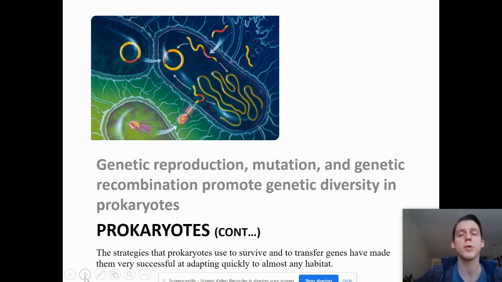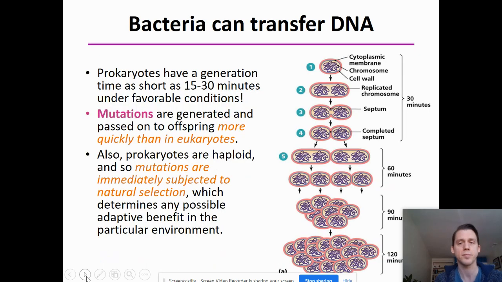So reproduction, mutation, and genetic recombination are all going to promote genetic diversity in prokaryotes, but it's different from prokaryotic reproduction. So here we have bacteria reproducing asexually and producing clones, right? Bacteria can reproduce very quickly because it's asexual.